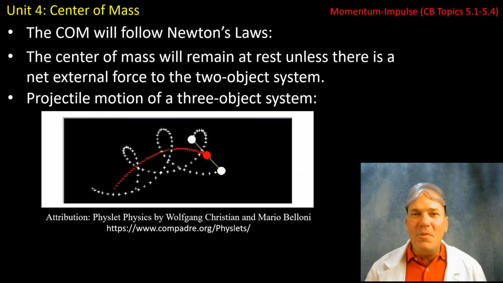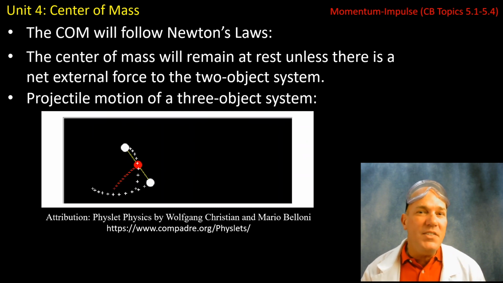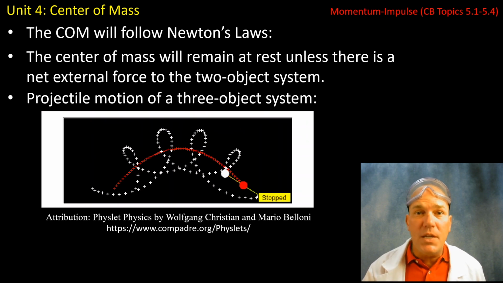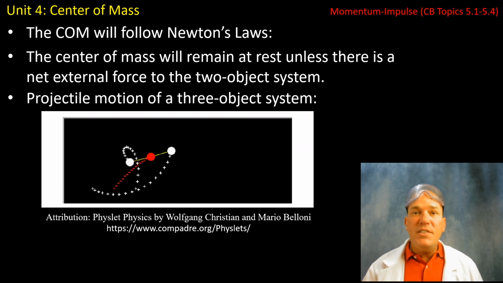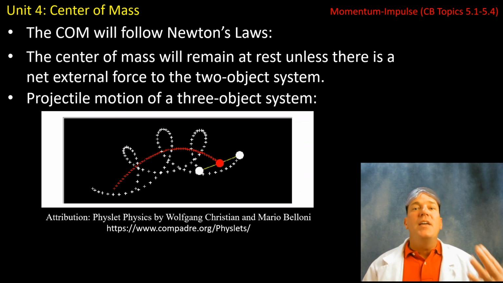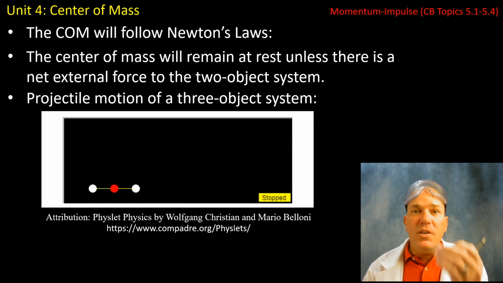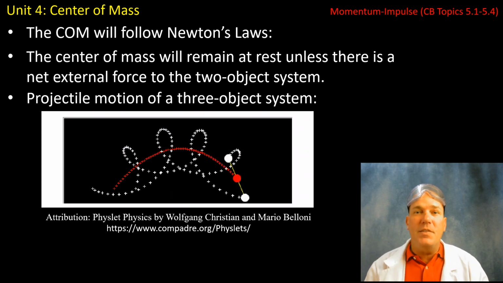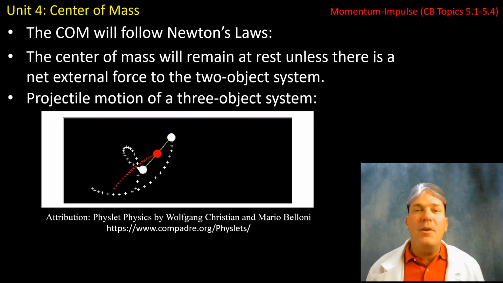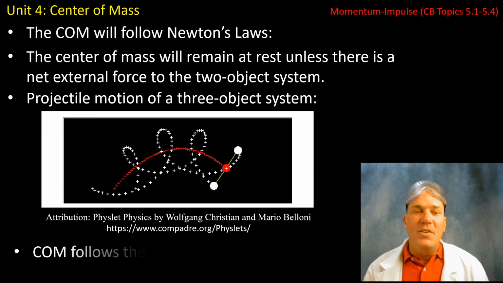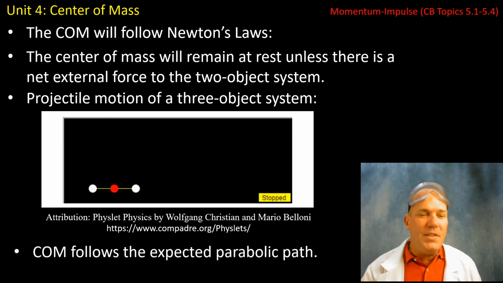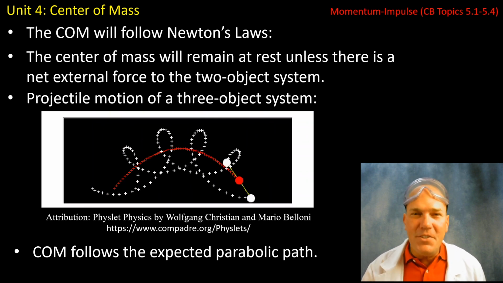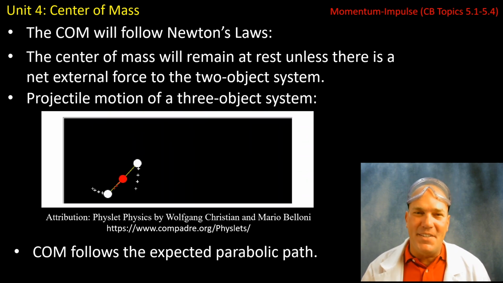So just like we discussed in our studies of kinematics and two-dimensional projectile motion, this system of objects and their center of mass follows Newton's second law in this beautiful parabolic trajectory. No difference whatsoever. So this center of mass obeys Newton's second law, as you can see in this animation.